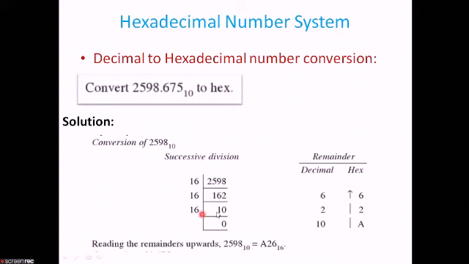Now divide 10 by 16. The remainder is 10. And you have to take the remainders from bottom to top. So 10 is equivalent to A in hexadecimal. Reading the remainders upwards, you will write A26. So the conversion of 2598 to the base 10 is A26 to the base 16. That is, the number is converted from decimal to hexadecimal.